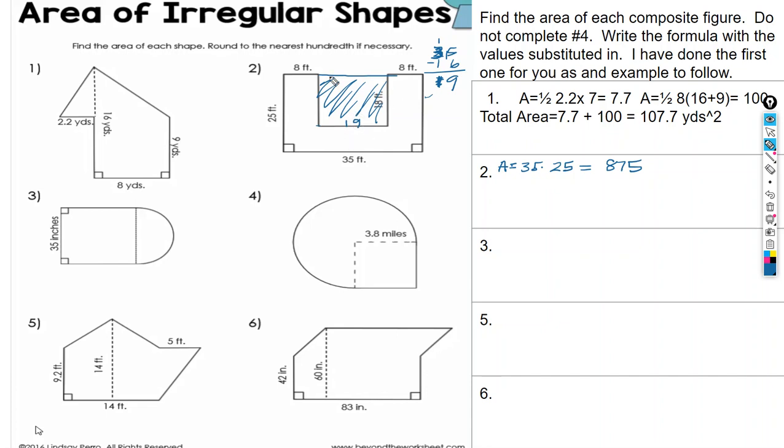So then I have this square has a measurement of area is equal to 18 multiplied by 19, which is equal to 342.